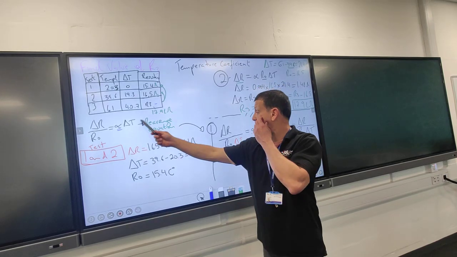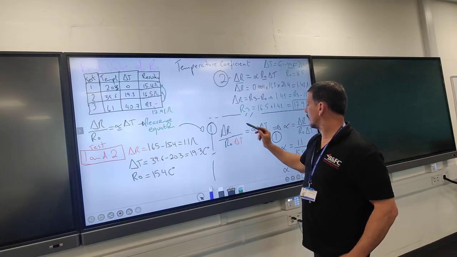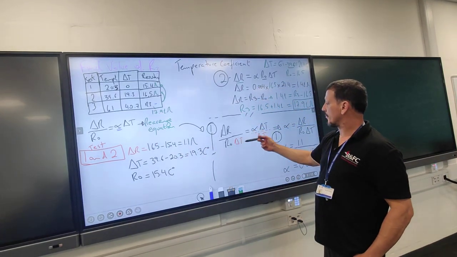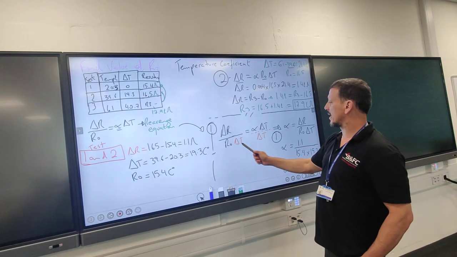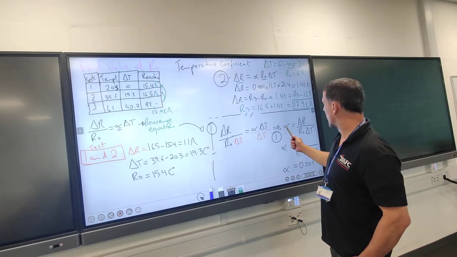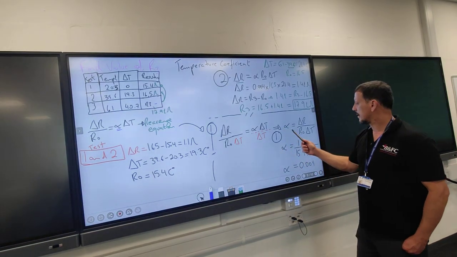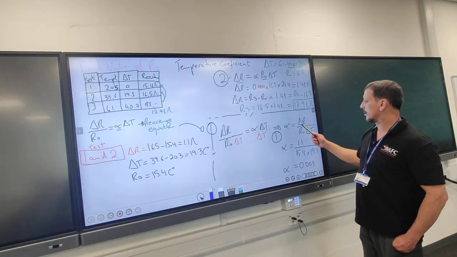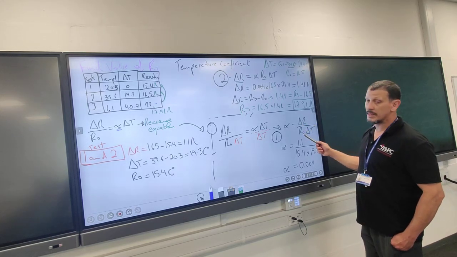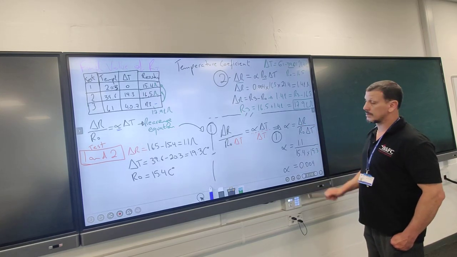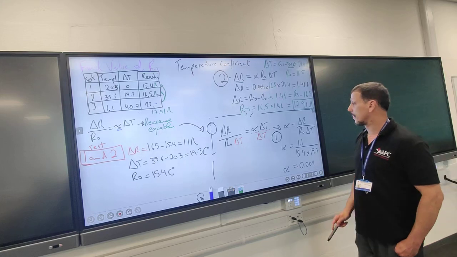So what we need to do is rearrange the equation. What I've done here, I've shown in red, if this is the original formula, I divide both sides by delta T, so I have the coefficient now separated, equals the difference in resistance, the delta R, divided by the initial resistance times the change in temperature.